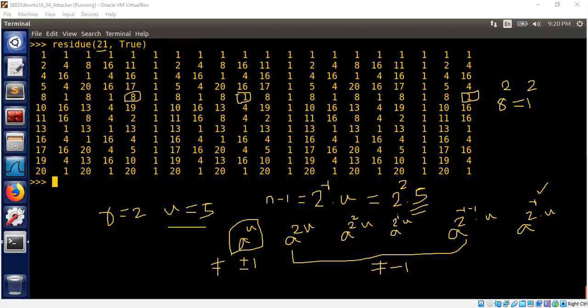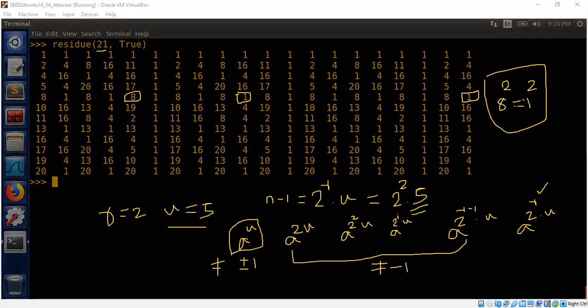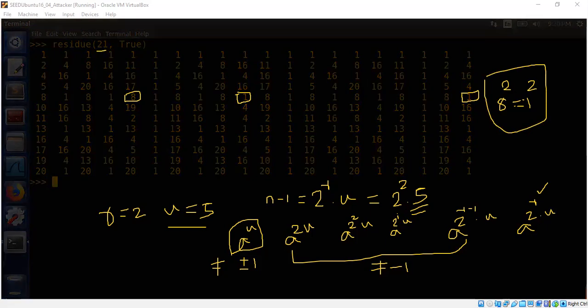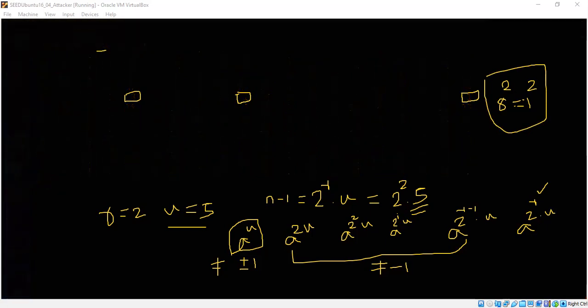Let's assume a power 2 power i minus 1 times u is not equal to minus 1, but we square it and get 1. That means we found two different numbers such that the squares are equal. Then we can factor.